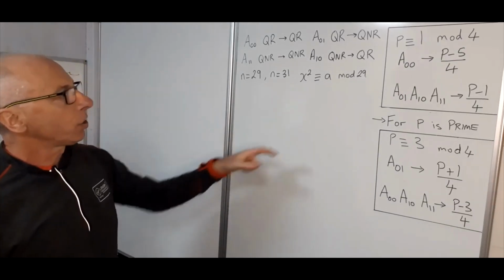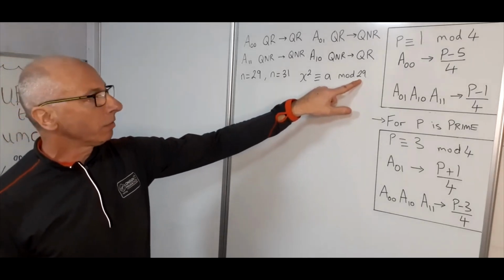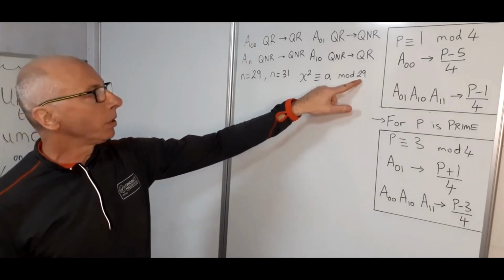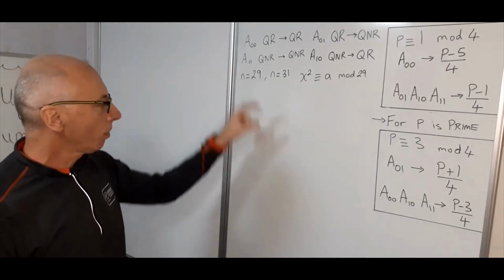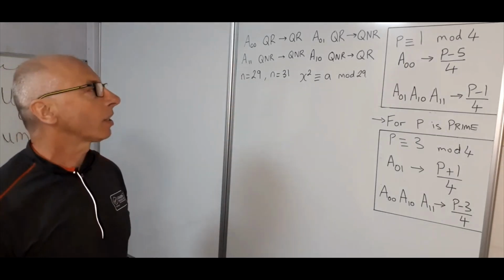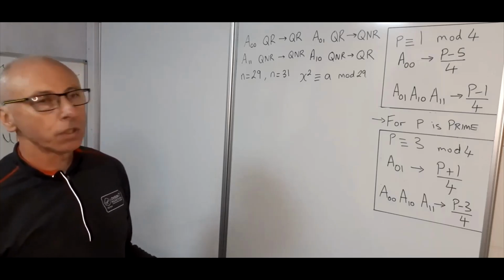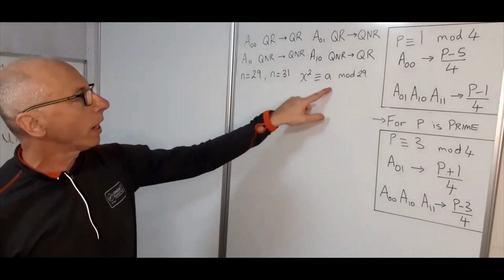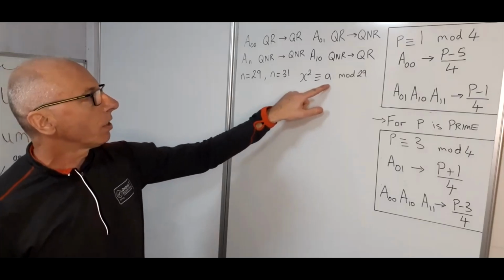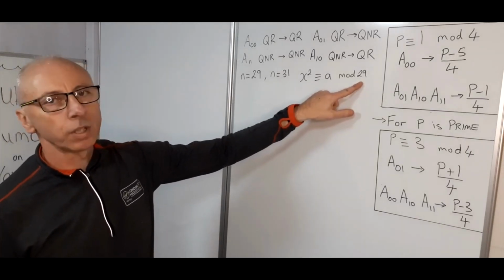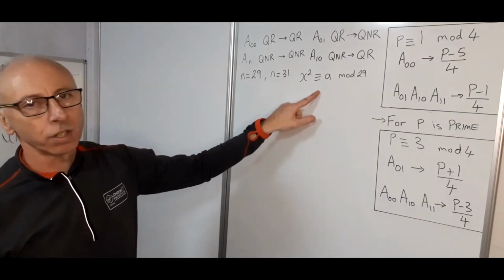So we need to find a shortcut to find the quadratic residues of the numbers up to 29. Now if we go through from 1 to 29, it's going to take too long, so we need to find a shortcut. So first of all, we know that all the square numbers up to and including 29 will give us a quadratic residue.